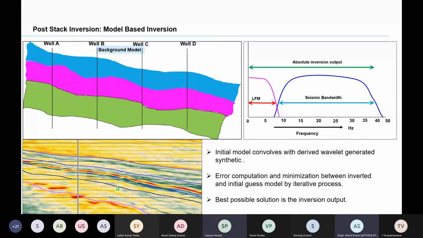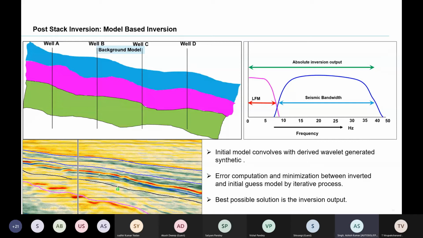So if we do the inversion within the seismic band, that is called band pass inversion. In the other case, when we fill the lower end gap of frequency with the model, because we add this model to the seismic bandwidth, this is called absolute inversion output.